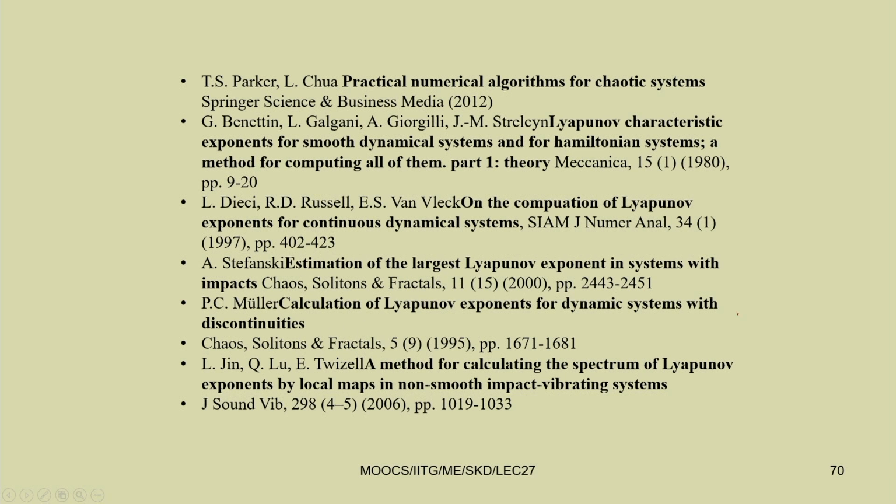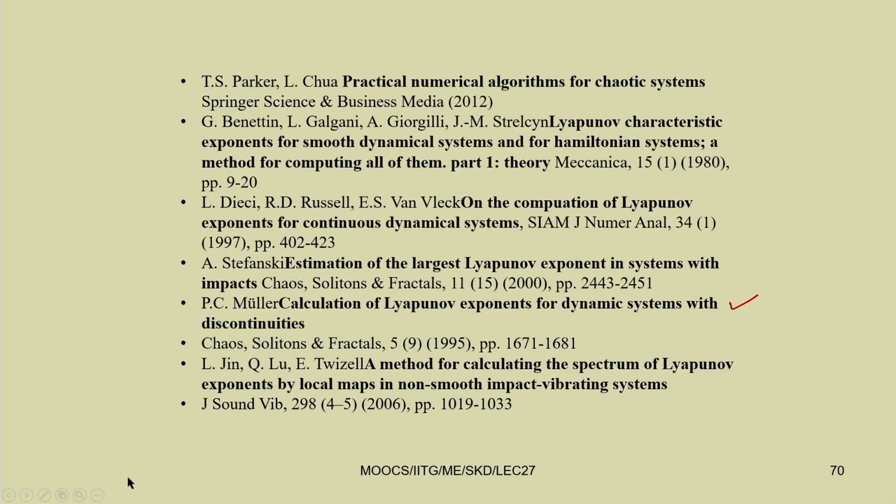Then this is a very good paper by Müller, calculation of Lyapunov exponents for dynamical systems with discontinuities. For example, you are taking the friction force for x dot less than 0 and greater than 0, so there is a jump from minus mu N to plus mu N. For similar systems with discontinuity, you may use this type of paper to find the Lyapunov exponent.